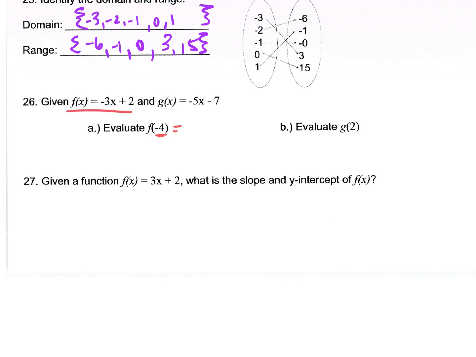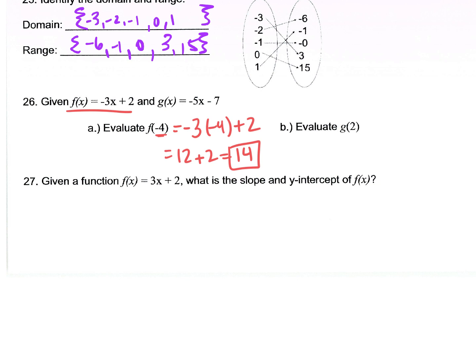So this is our f function. It's going to be equal to -3 times -4 plus 2. Just make sure that you multiply the -3 times the -4. That gives you 12 plus 2, which would be a grand total of 14.